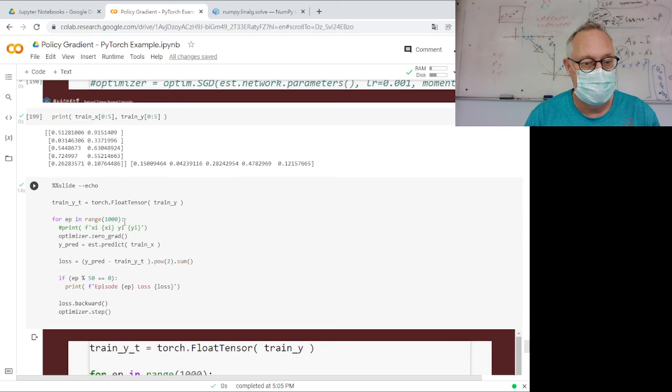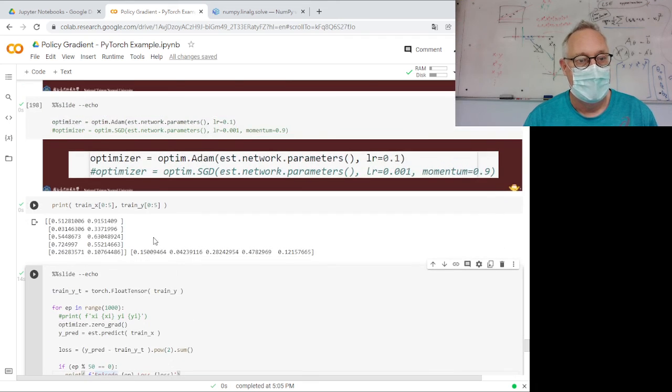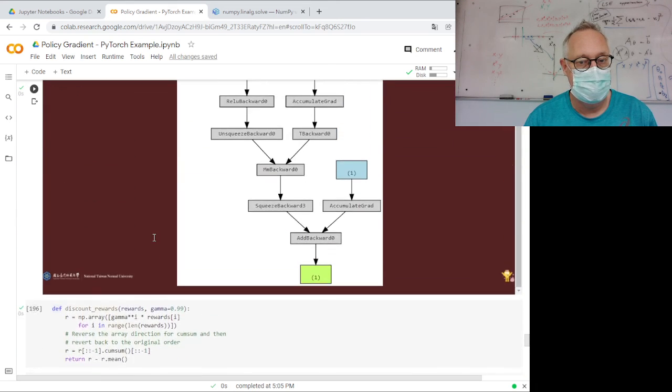So then until next class, you can figure out how to change the network structure and feed in x squared, these kind of variations. Or you can try and add an extra layer here.